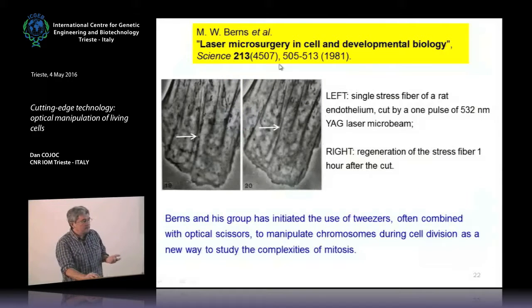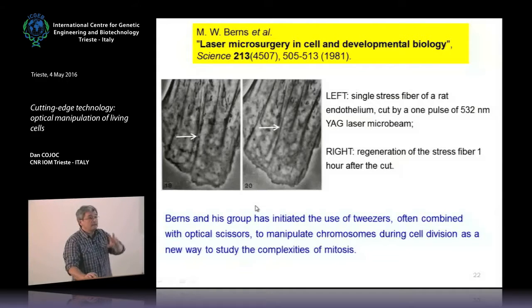The first paper was again a Science paper, and in these pictures you can see a single stress fiber of a rat endothelium cell cut by one pulse of a YAG laser microbeam, and then regeneration of the stress fiber.